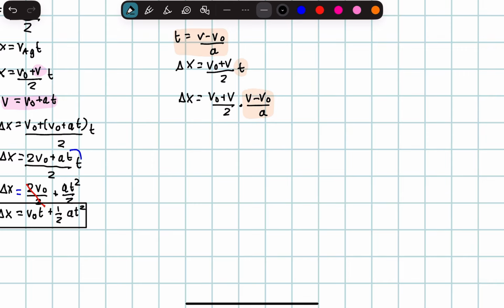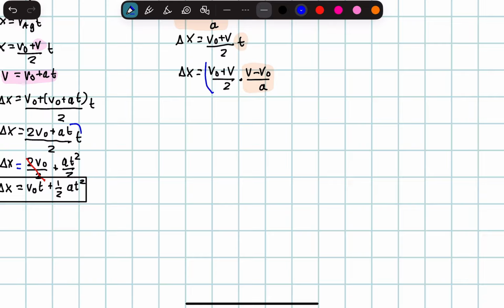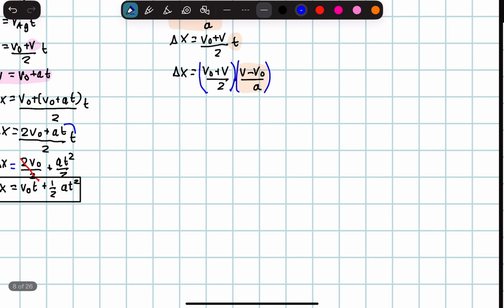Now from here you can recognize that this is a difference of squares. We can rewrite this as v plus v initial, v minus v initial.